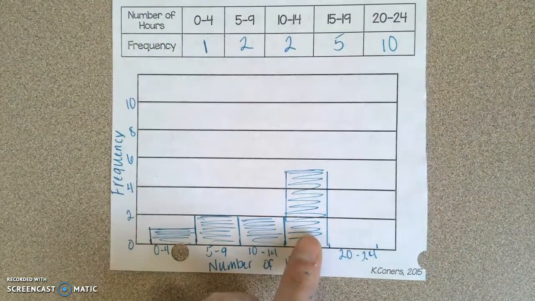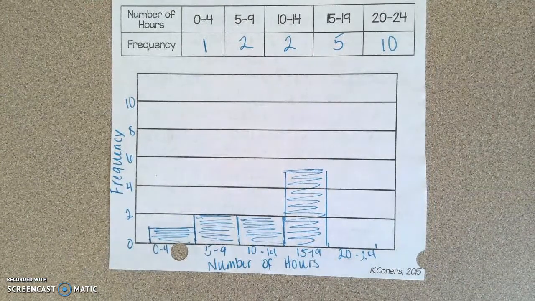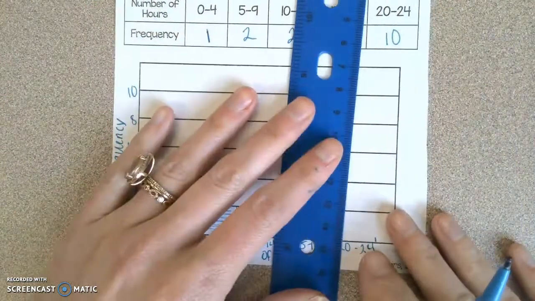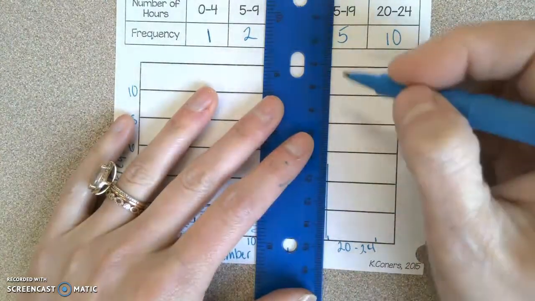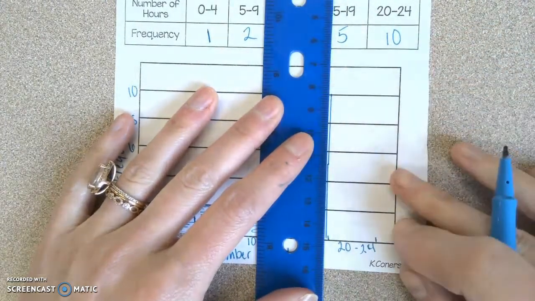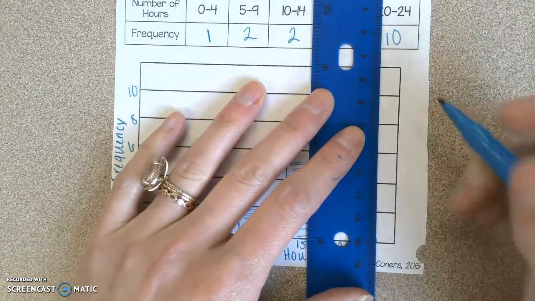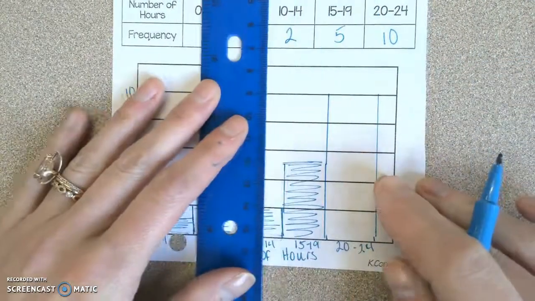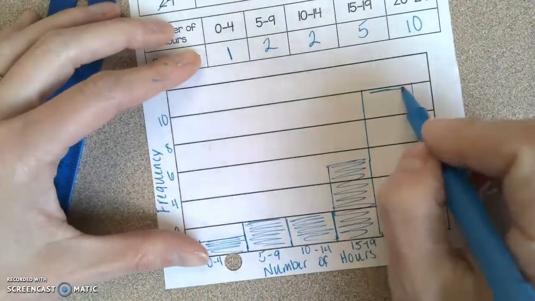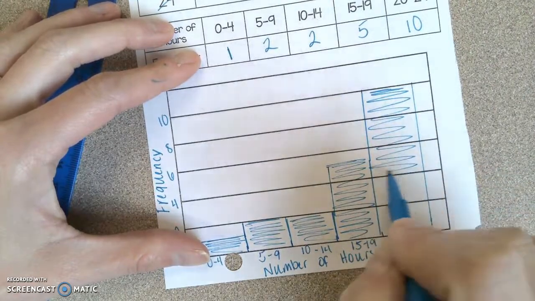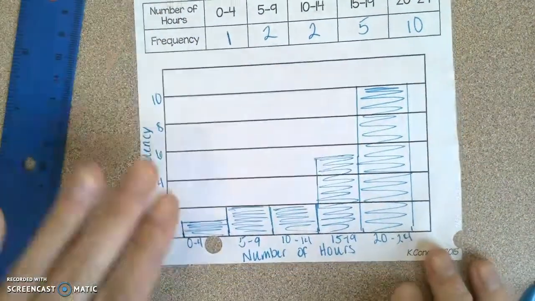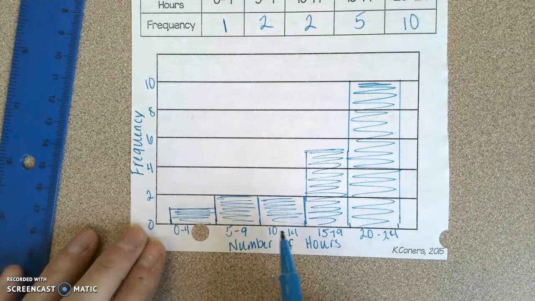Then 20 through 24 has a frequency of 10, so that one's going to go all the way up to the 10 here. You can shade it all the way down as well. So you can see the frequency at each interval.